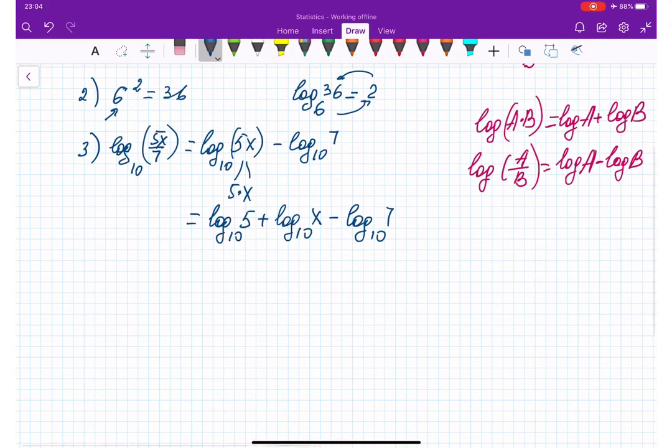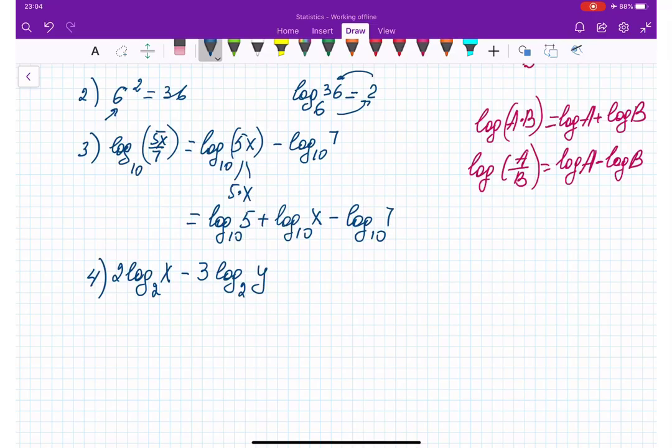Next, we have 2 logarithm x by base 2 minus 3 logarithm y by base 2.